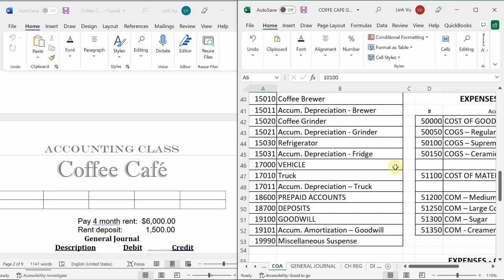What kind of asset? What account would you use to represent the rent deposit? I'm not very sure. Read your chart of accounts.